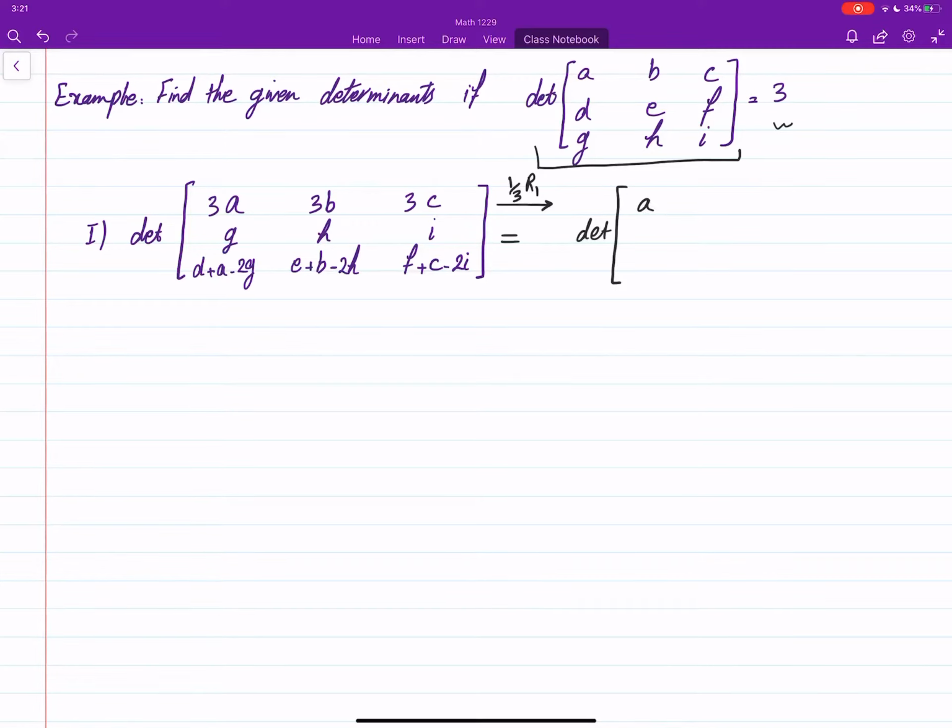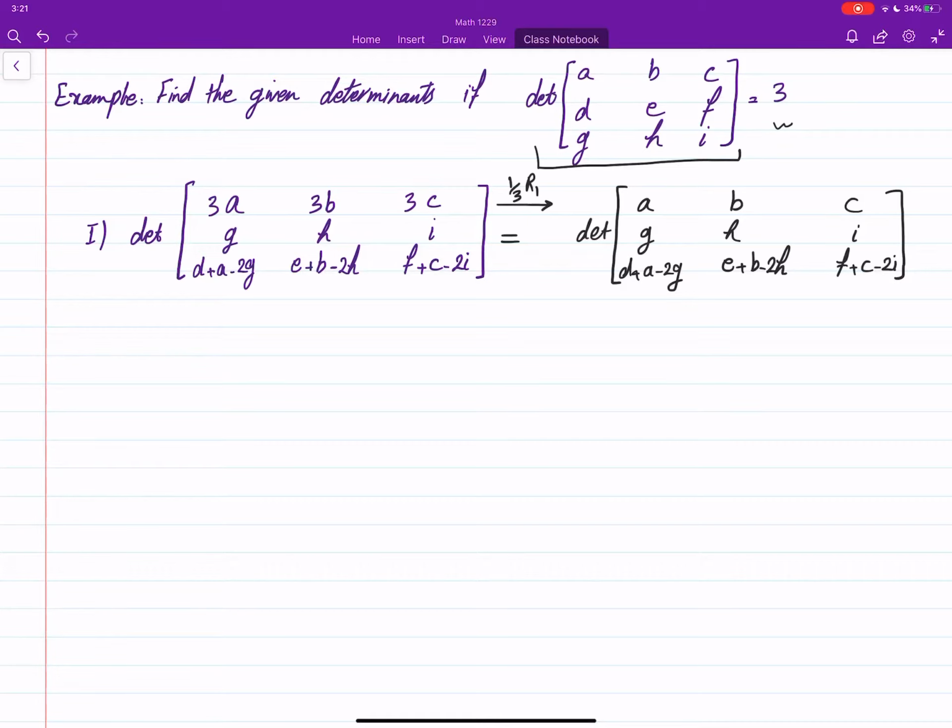This will give us A, B, C in the first row, G, H, I is here, D plus A minus 2G is there, E plus B minus 2H is there, and F plus C minus 2I is there.